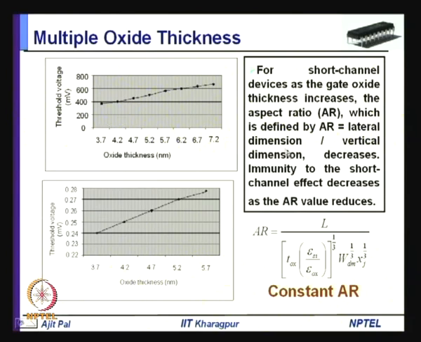If you do not bother about the variation of this aspect ratio, you can get a variation of threshold voltage from a little less than 400 millivolt to a little more than 600 millivolt, as you vary the oxide thickness from 3.7 nanometer to 7.2 nanometer. So, by varying the oxide thickness in this range, you can achieve a variation in the threshold voltage.